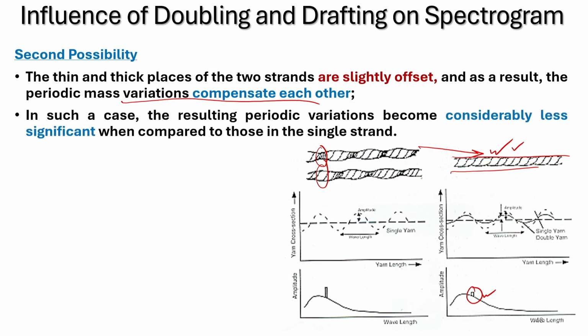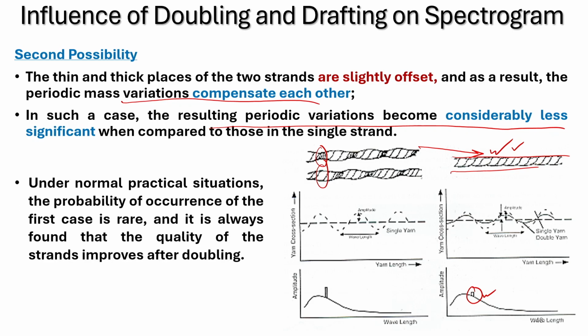In such a case, the resulting periodic variation becomes considerably lower, and it is not significant. Under normal practice, the probability of these things happening is more. If we use a greater number of doublings, this probability will also increase, so we will get an almost improved sliver.